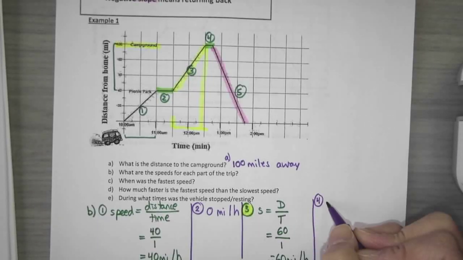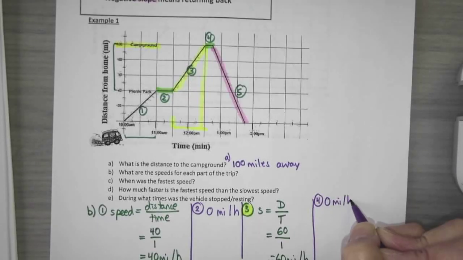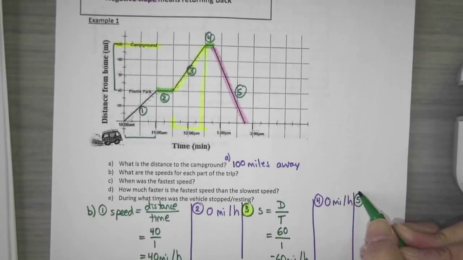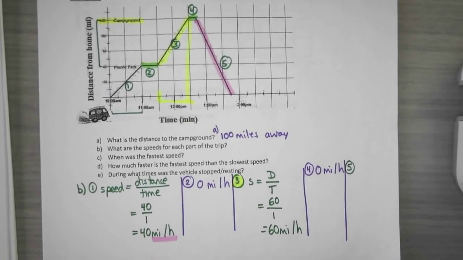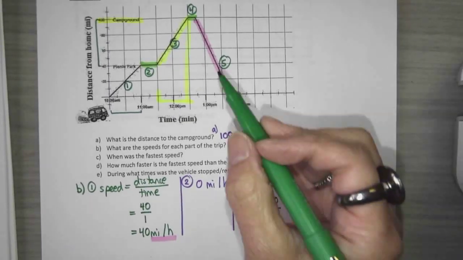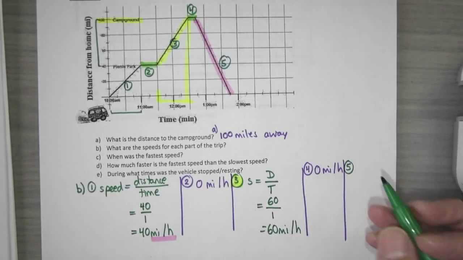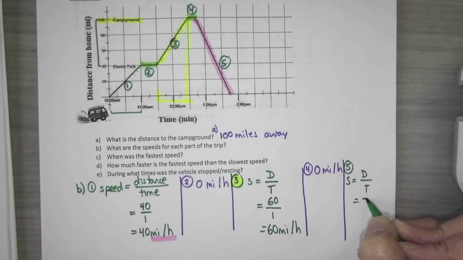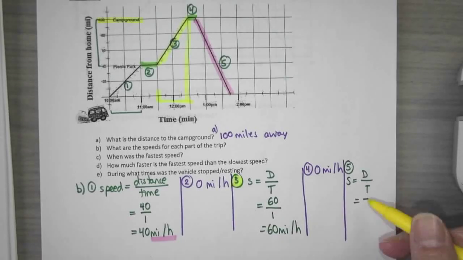Okay. 4 should be easy again. 4 is going to be 0 miles per hour because it's not moving, it's a horizontal line. Okay. And then 5 is heading backwards, so we know it's negative. So speed is distance over time, but I know it's negative for sure, because it's coming back.